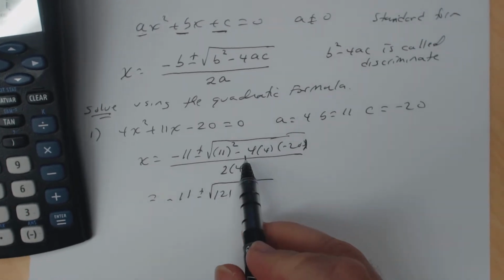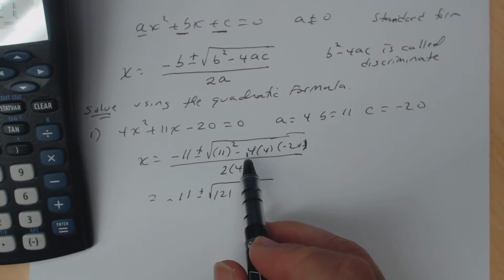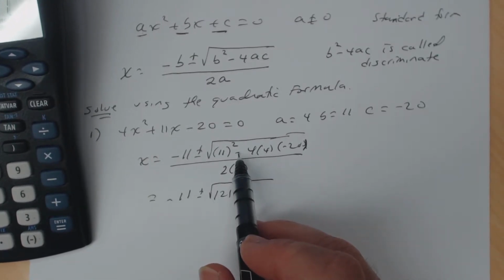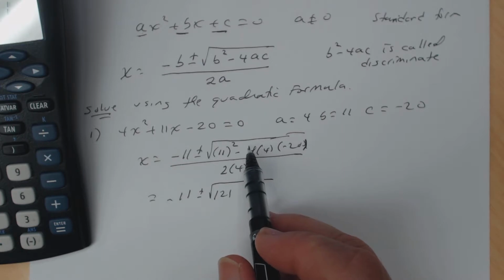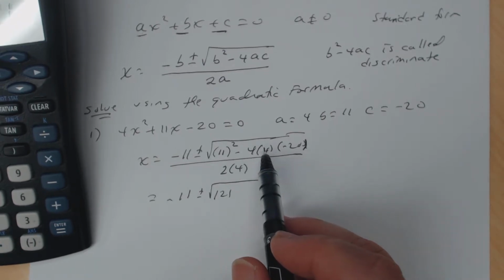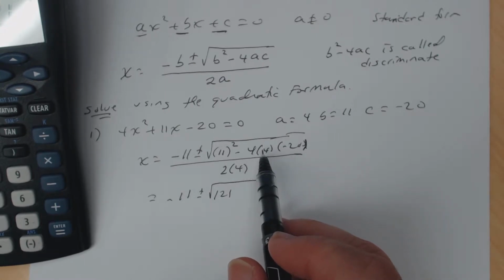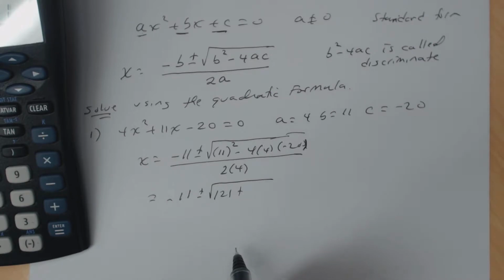Now right here, think about this before you go on. Remember, we're subtracting 4 right here. Remember from the previous course, change subtraction to addition, so add the opposite. So this is really a negative 4, times a positive, times a negative. A negative times a positive is a negative, and a negative times a negative is a positive. So this is going to be a plus symbol.